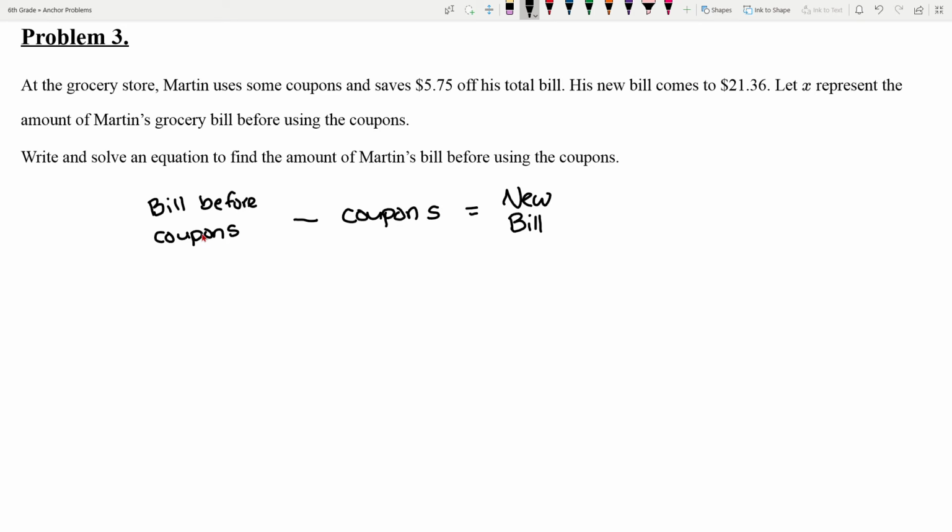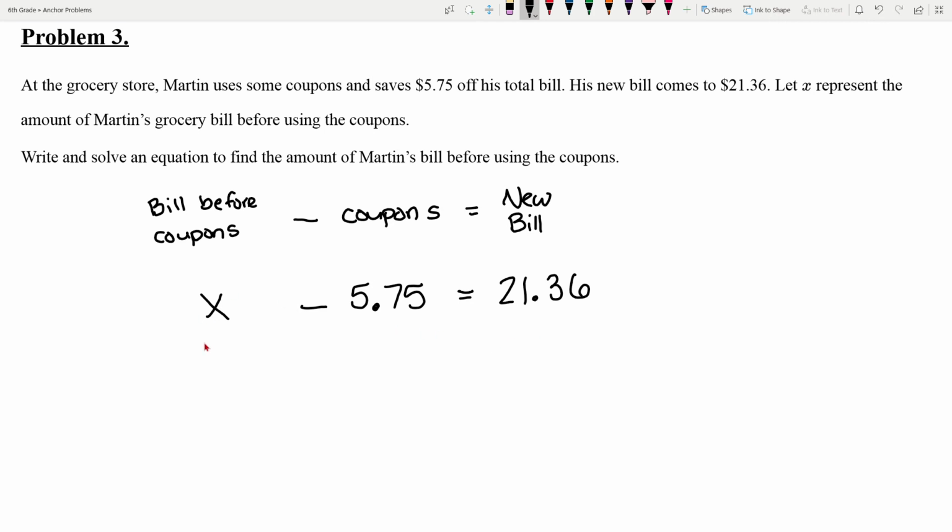So it's saying in our question, let X represent the amount of Martin's groceries before using the coupons. That goes here, X. Minus the amount of coupons is $5.75 equals his new bill of $21.36.